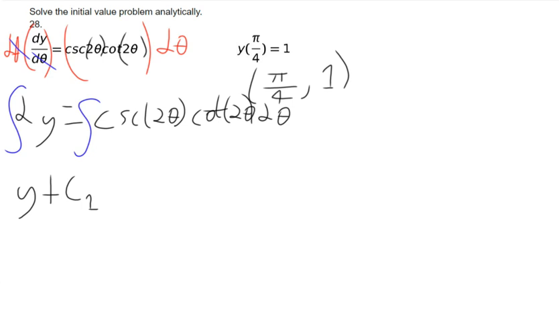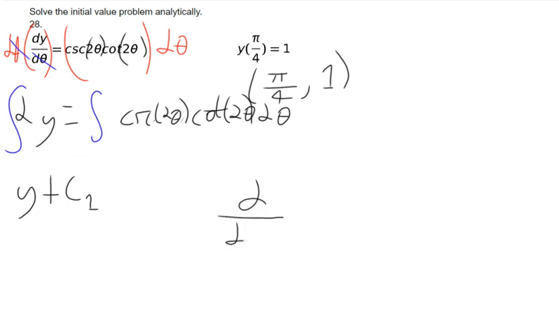Now here's where we have to be careful. I'm going to leave a little more room here. You'll see why in a second. So we'll say we have cosecant of 2 theta right here, and integral sign right there. Let's take a side note here.